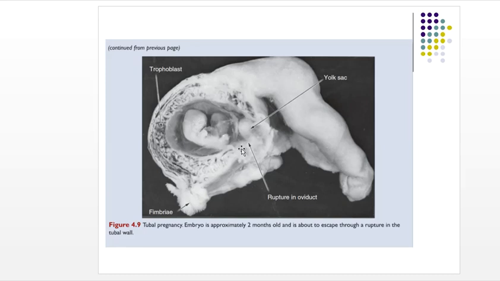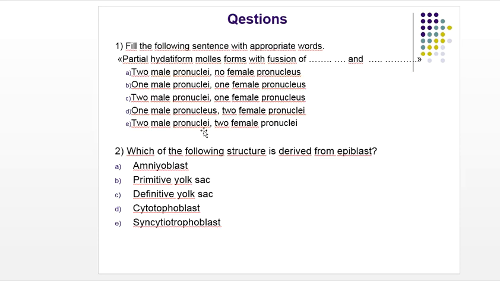Here you can see an ectopic pregnancy in the uterine tube, with the real embryo. And finally, here you can see two questions for more review, and please answer these questions. These are like my final exam questions.